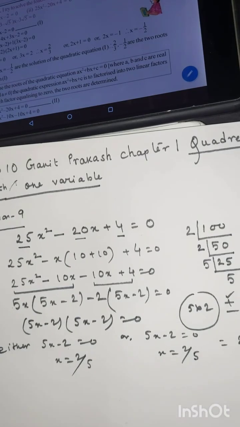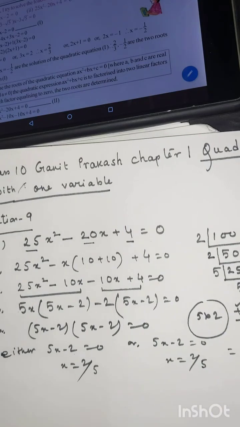So we are getting two roots of this equation which are equal, that is 2 by 5. This is how we do middle term factorization.